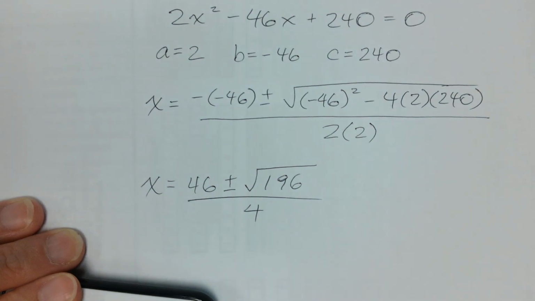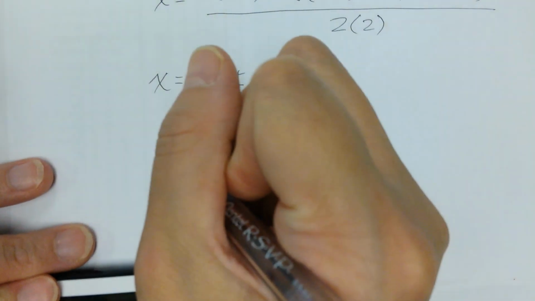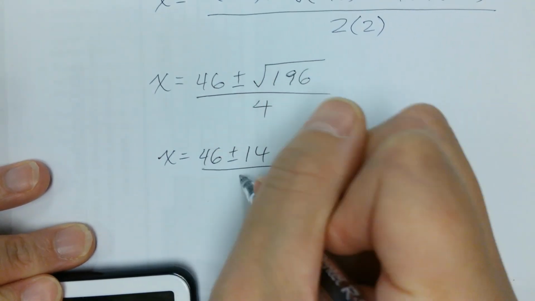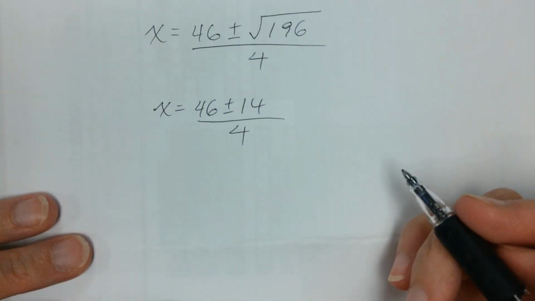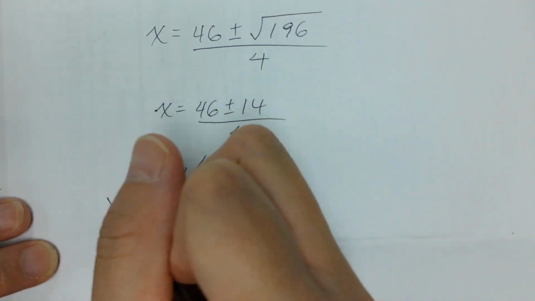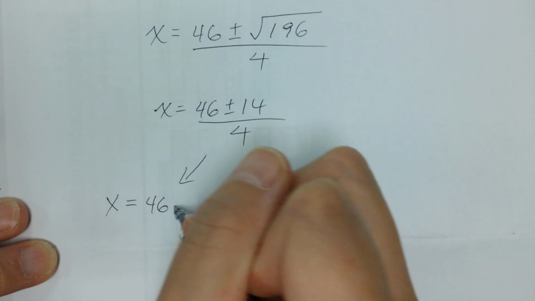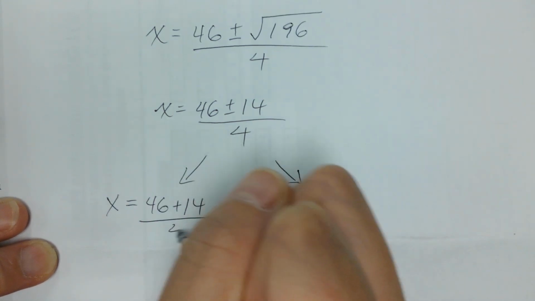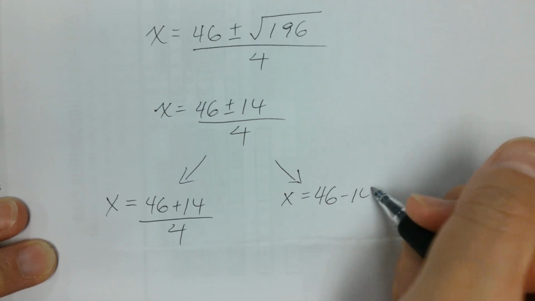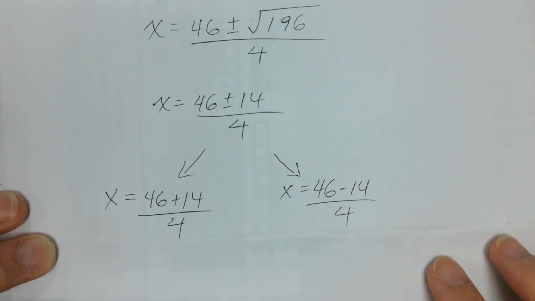Square root of 196, I get 14. So 46 plus or minus 14 over 4. Do my two arrows. One answer is going to be 46 plus 14 over 4. The other is going to be 46 minus 14 over 4.